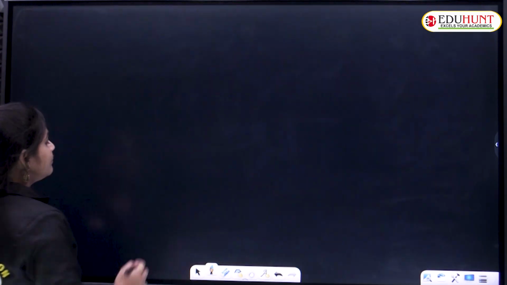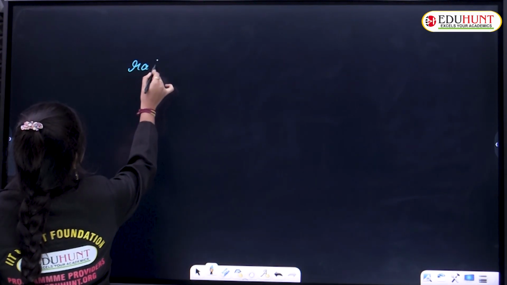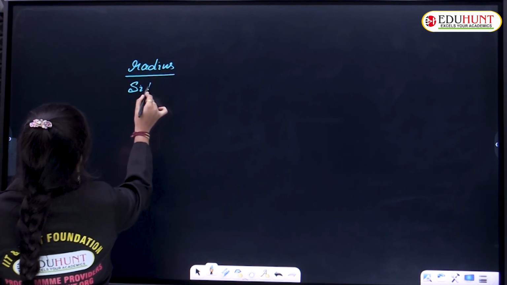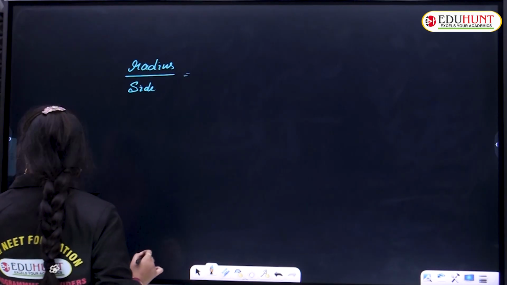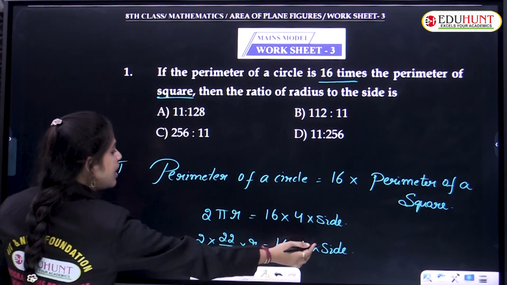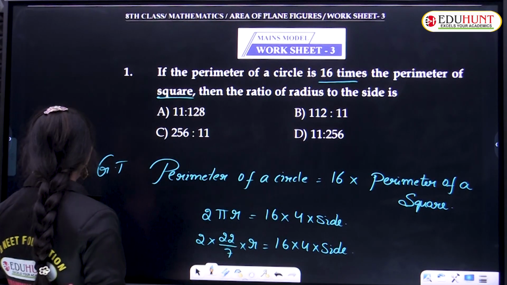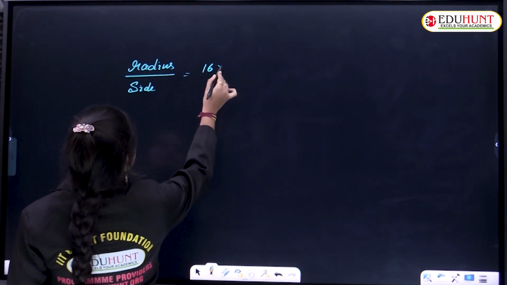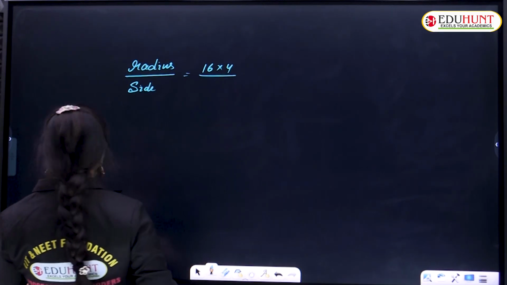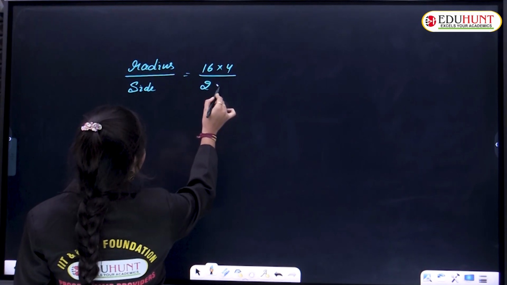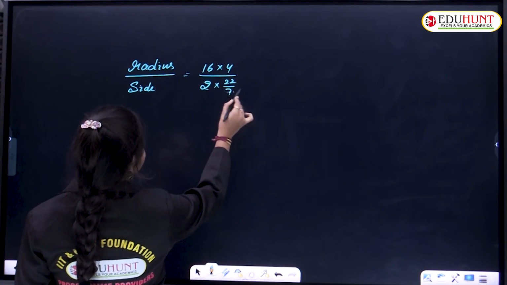Now we need to find the ratio of radius to side. Radius by side, just transpose the terms: r by side is equal to 16 into 4 by 2 into 22 by 7.